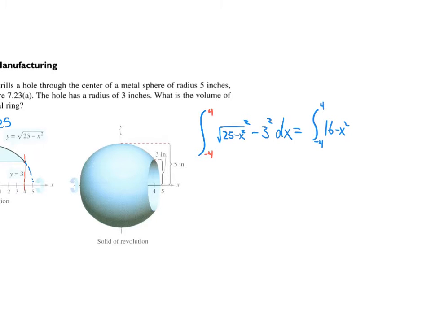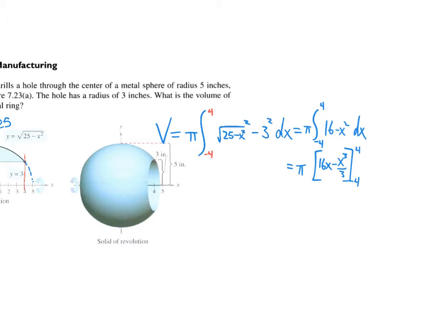Integral from negative 4 to 4, and we've got our pi here. Oh, almost forgot my pi. So pi times 16x minus x cubed over 3 from negative 4 to 4.